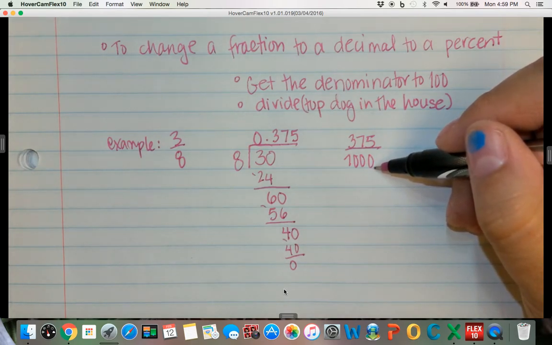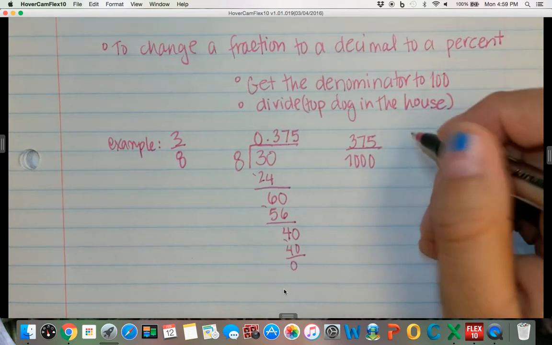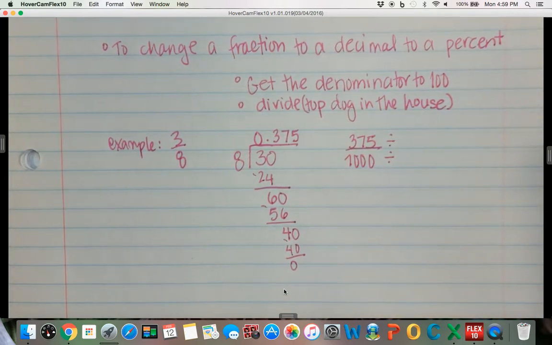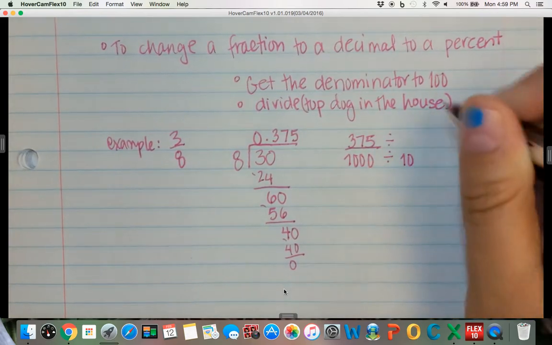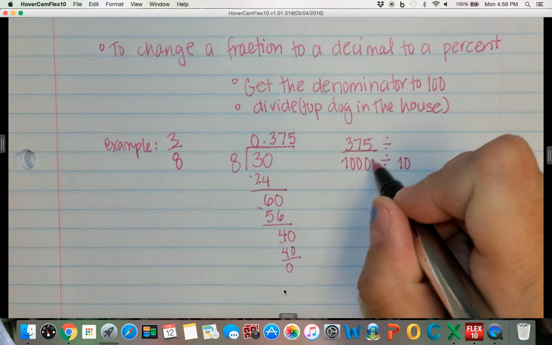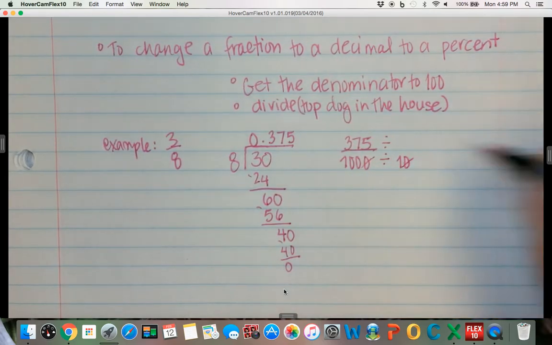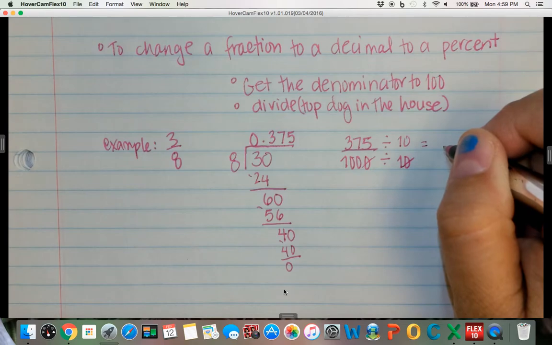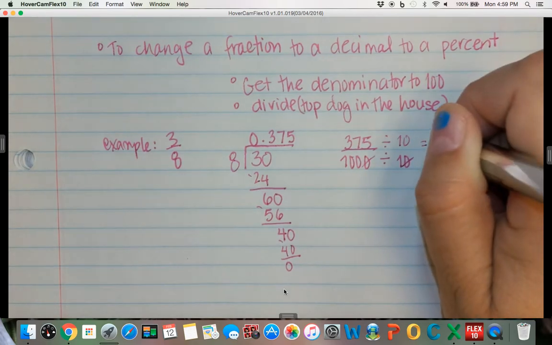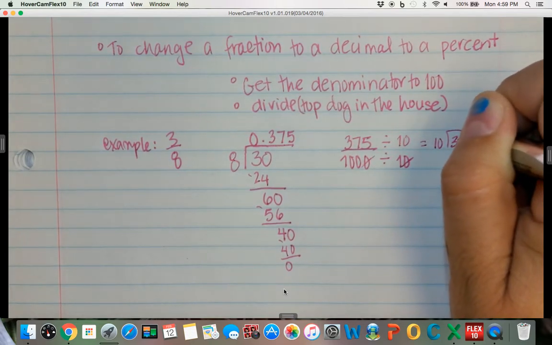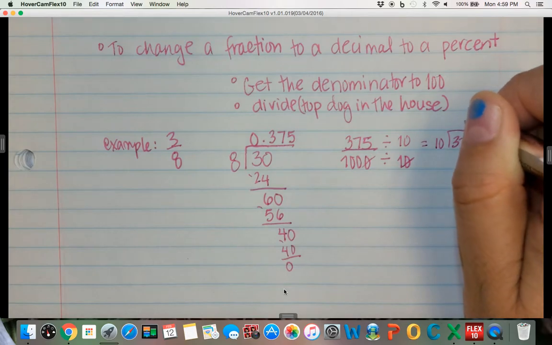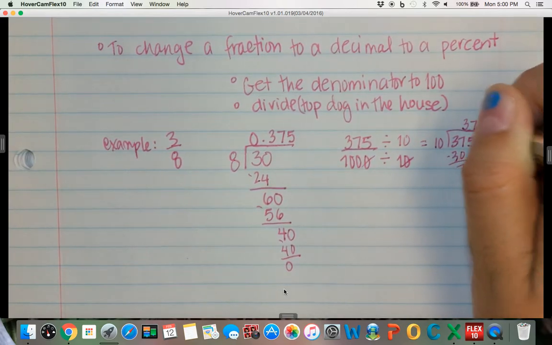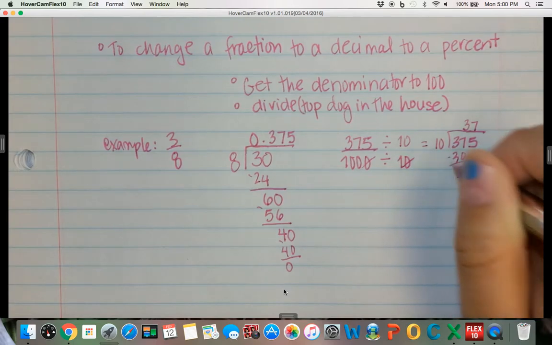I need to get that 1,000 to 100. In order to get that 1,000 into 100, we have to divide by a power of 10. 1,000 divided by 10 gets rid of 1 0. 10 into 375 looks like this. 10 goes into 37 3 times. 10 goes into 75 7 times. 10 does not go into 5.